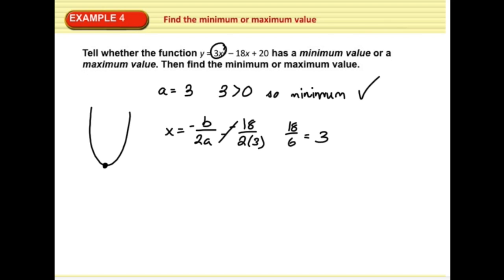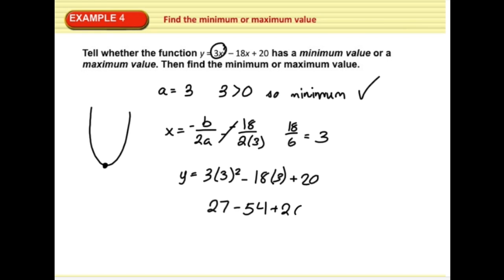What's my y-coordinate? y equals 3 times 3 squared minus 18 times 3 plus 20. 3 squared is 9. 9 times 3 is 27. Minus 18 times 3 is 54. Plus 20. I like to combine my positive and negative integers before I actually solve them.